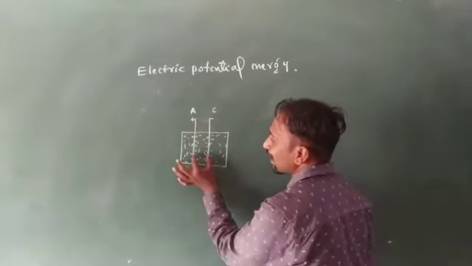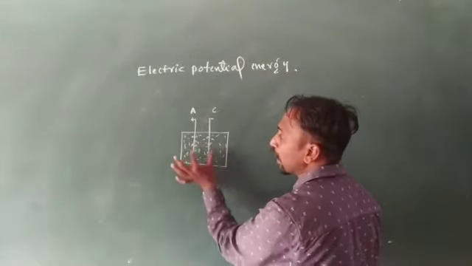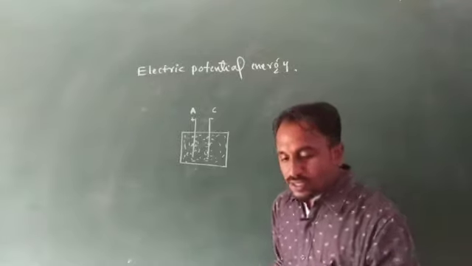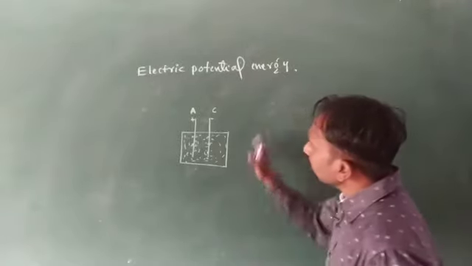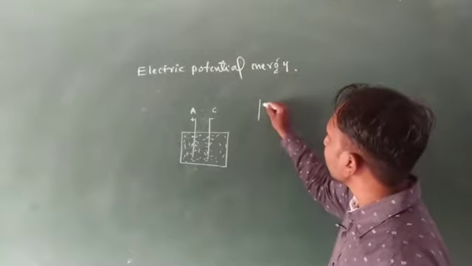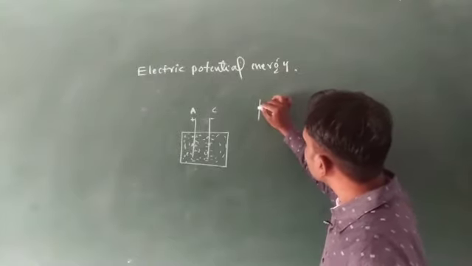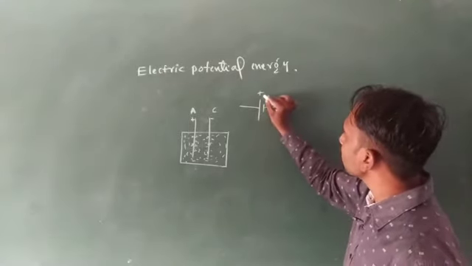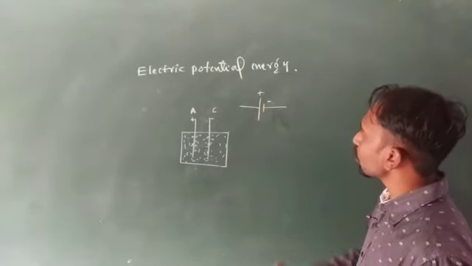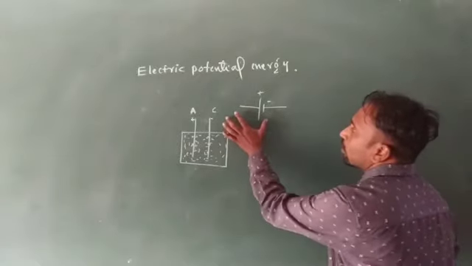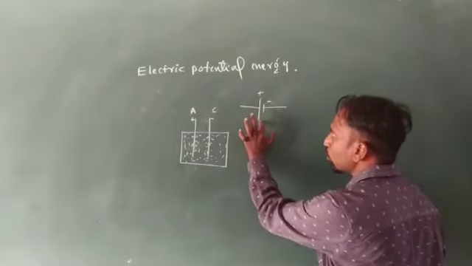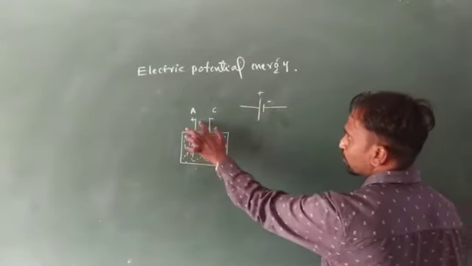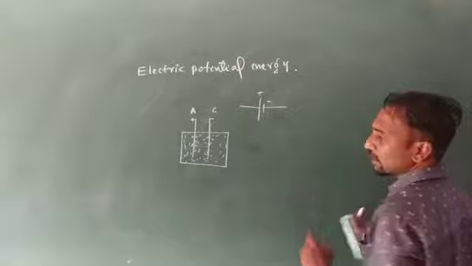Here we get an electric potential between the two electrodes. So this cell is represented by a circuit diagram like this. This is the positively charged electrode and this is the negatively charged one, the cathode.